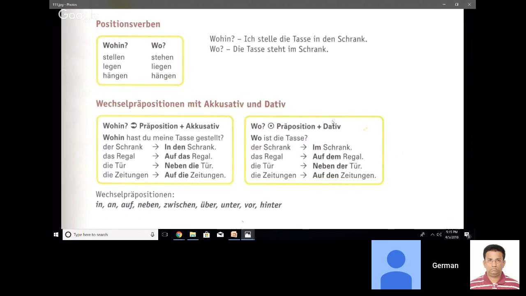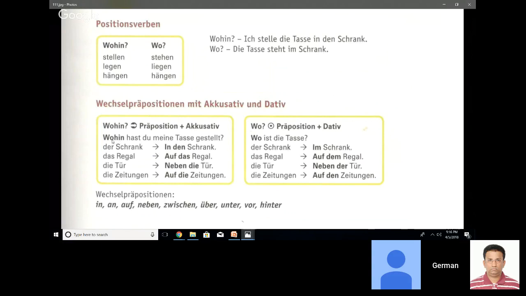And for dative case, when the object is at rest, that is, the work has been already done or it is just simply denoting the position, then the preposition involved is the dative case preposition and the answer is given with wo. Wo is where. Okay, so the question for accusative is wohin and the question for dative is wo.